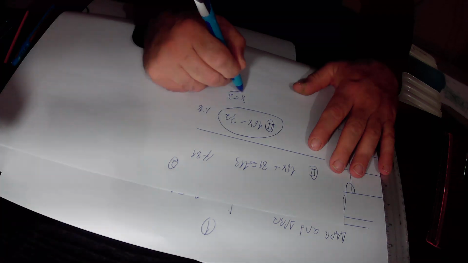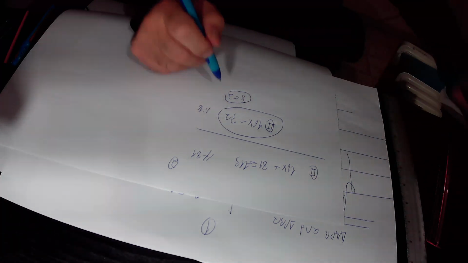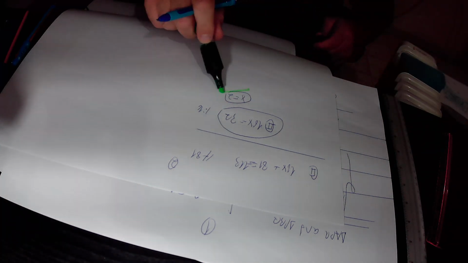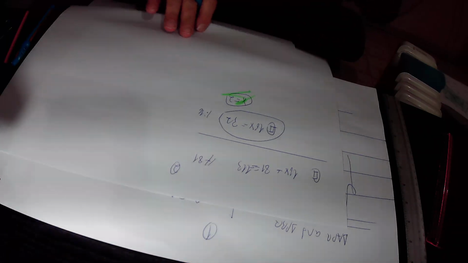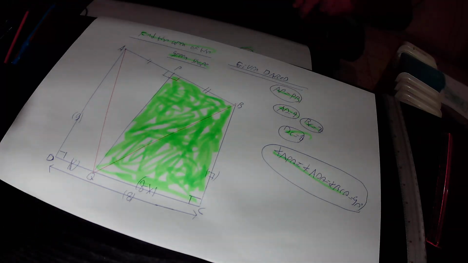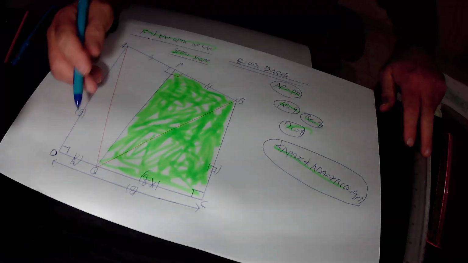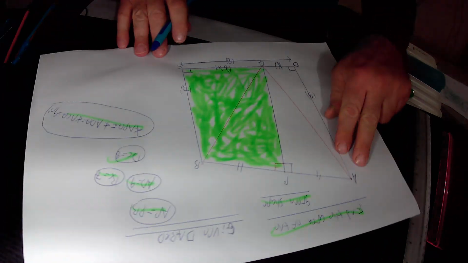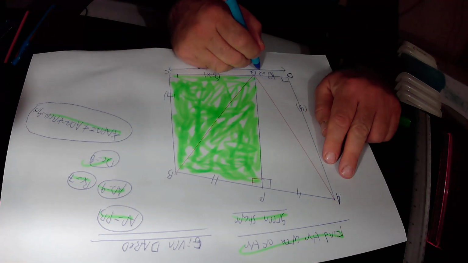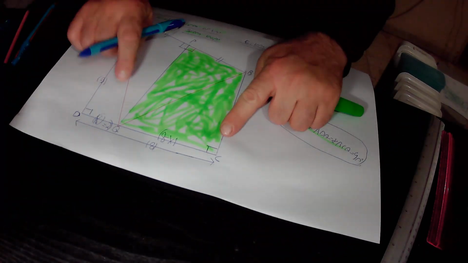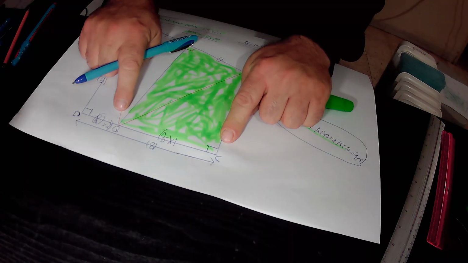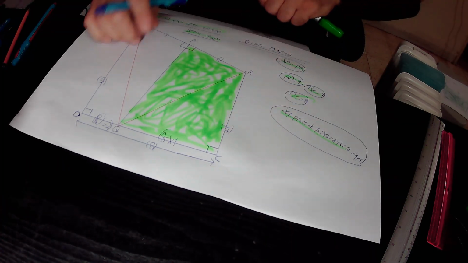So x equals 2 units in length. So DQ equals x, and x equals 2. Here we have QC equals 8 minus x. 8 minus 2 is 6. So QC equals 6 units in length.